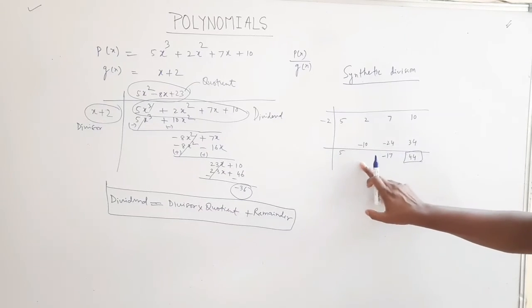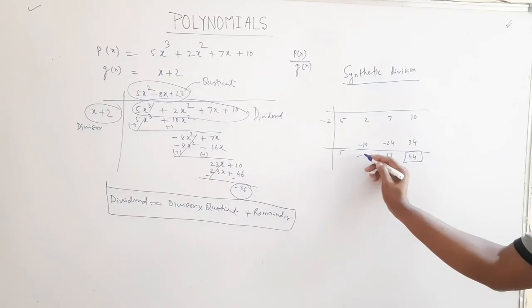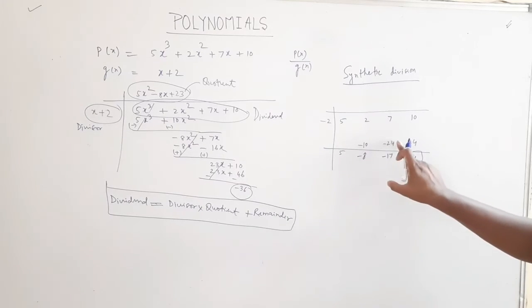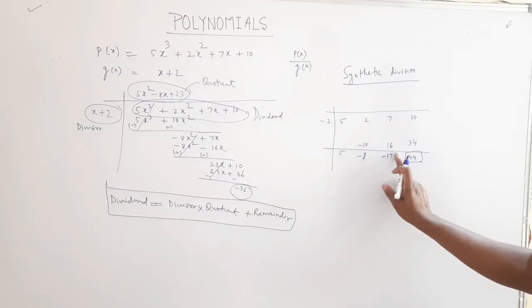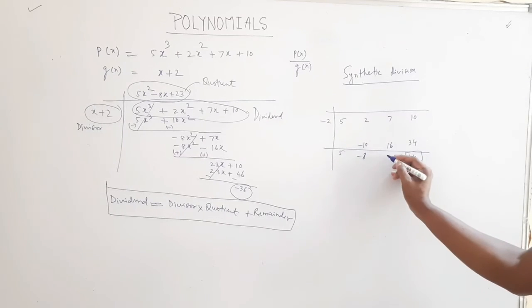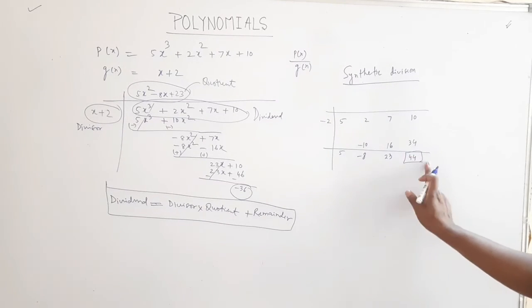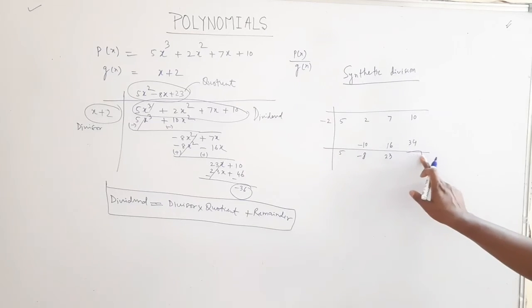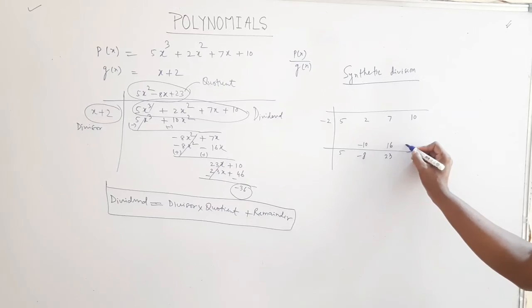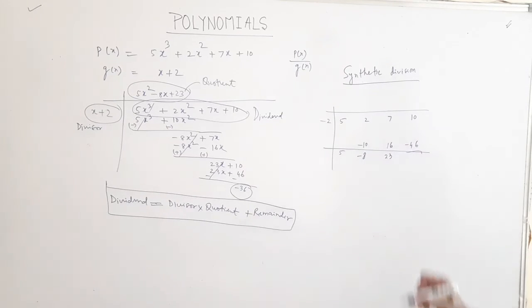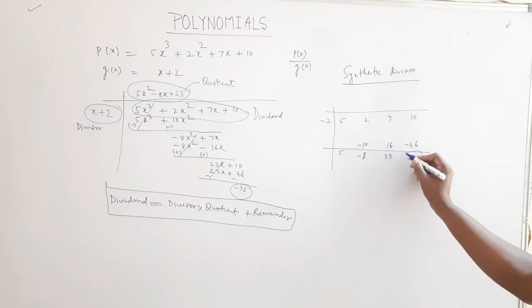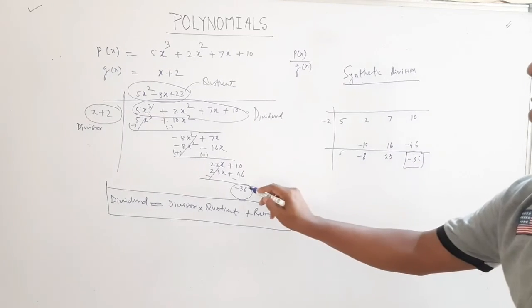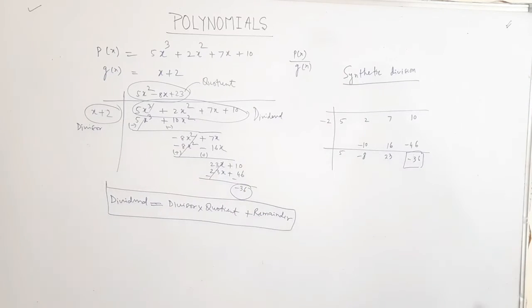Now 2 plus minus 10 should be minus 8. Minus 8 into minus 2 is 16. And 16 plus 7 is 23. And this 23 into minus 2 will be minus 46. And then if I add, I'll get minus 36. Yes, so now you check this one.